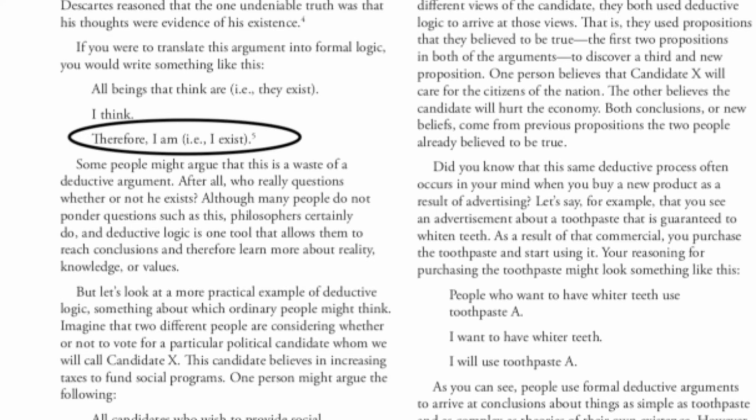"Therefore I am," i.e. I exist. And there's this superscript number 5, super meaning above the script. What that means is that we are in chapter 1, lesson 1.1, and if you go to the end of your book into the endnote section, you will find that there is a corresponding note here to tell you where this reference comes from.